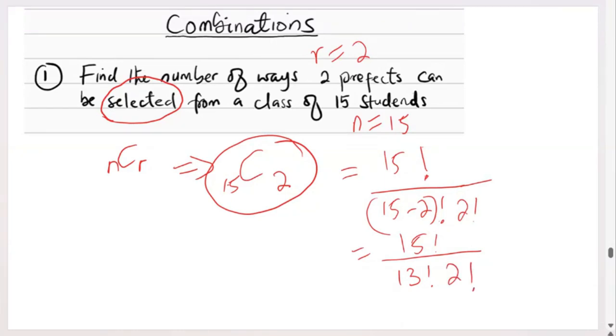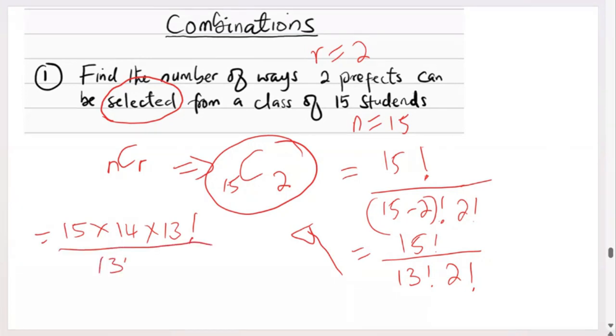You can simplify the numerator: 15 multiplied by 14 multiplied by 13 factorial. I can stop at 13 factorial. In the denominator, 2 factorial is 2 multiplied by 1. So my 13 factorial cancels out, and this is just equal to 7. 15 multiplied by 7.